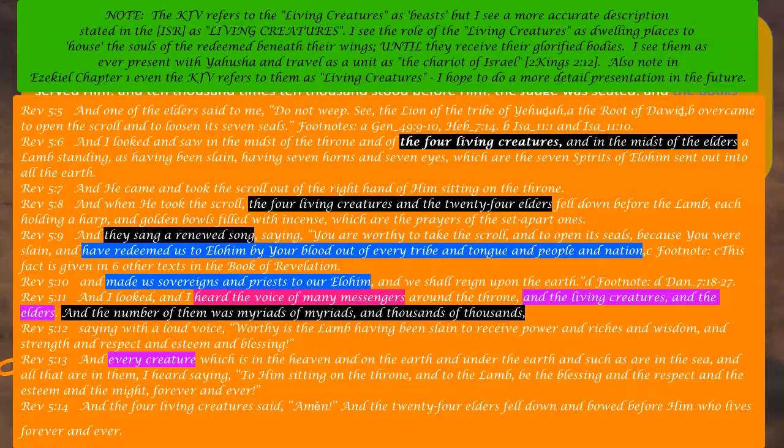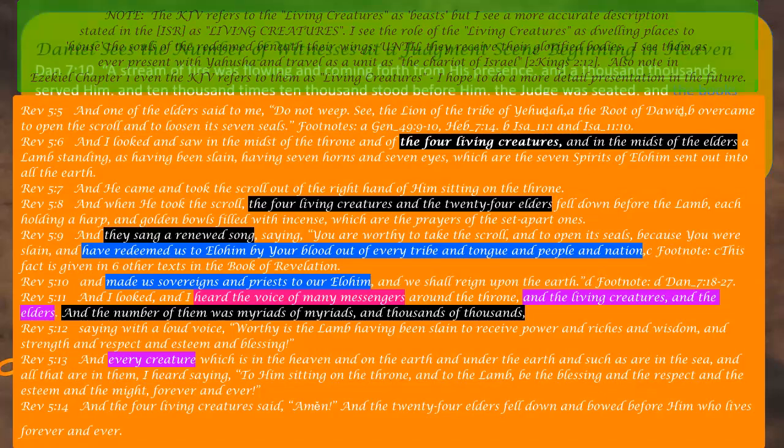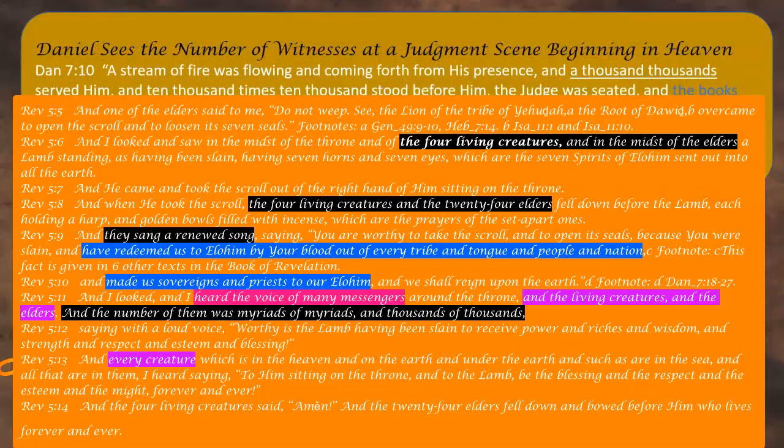Okay, Betty, can you continue in verse 11? Yes. And I beheld and I heard the voice of many angels round about the throne, and the beasts and the elders, and the number of them was 10,000 times 10,000 and thousands of thousands, saying with a loud voice, "Worthy is the Lamb that was slain to receive power and riches and wisdom and strength and honor and glory and blessing."